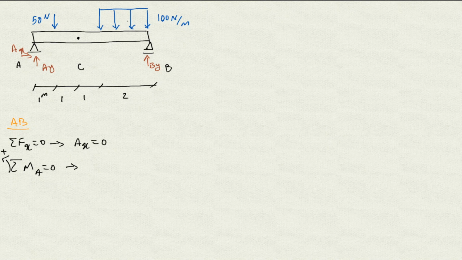The resultant force for this is going to be applied right at the center of this rectangle, and the magnitude of that would be the area of that triangle, which is 100 times 2. So the height is 100, the length is 2, so that's the magnitude of that force, and it's going to be right at the center of that rectangle.